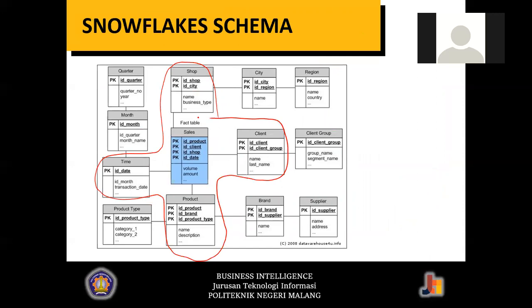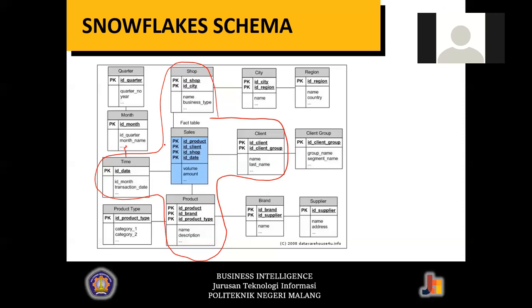The inner circle stands for the star schema, but because the snowflake is an extension of the star schema, the dimension is broadened or extended into another dimension table. So it becomes more specific than the previous dimension, or we can say than the star schema.